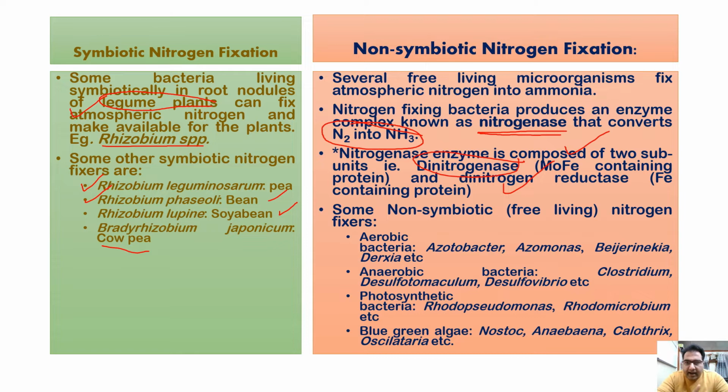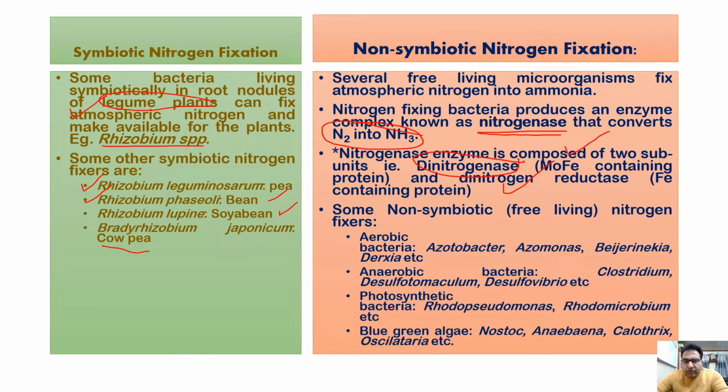These two kinds of enzymes are required to convert the atmospheric nitrogen into the form which is easily acceptable by the plants, and that is ammonia.